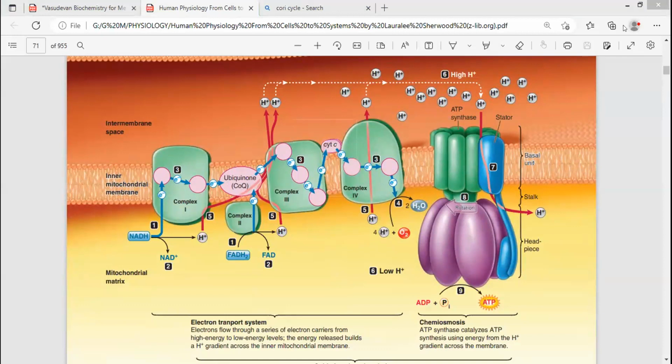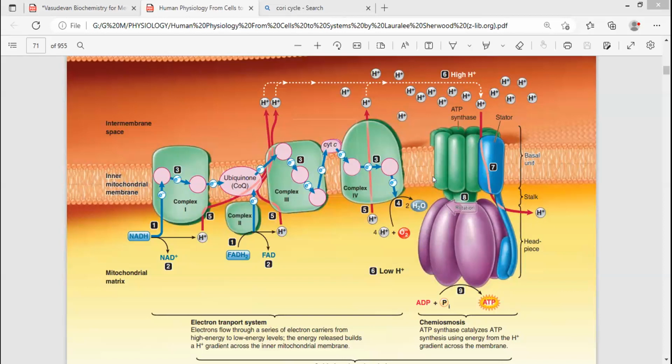So, the electron transport chain. Let's start with the basics, with what we know. We saw in glycolysis we had NAD plus, and then we converted that NAD plus to NADH.